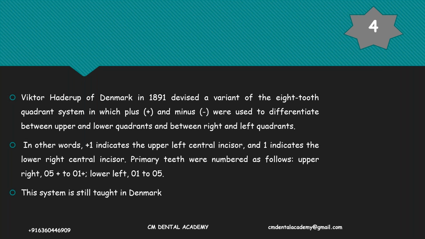In the same way, in case of primary teeth, upper right is 05+ to 01+, and in case of lower left, it is 01- to 05-. Based on that, we can tell which quadrant and which jaw it belongs to. This system still exists in Denmark.